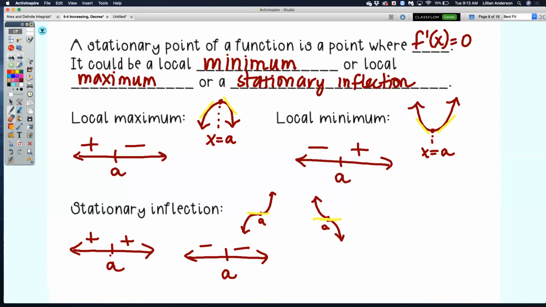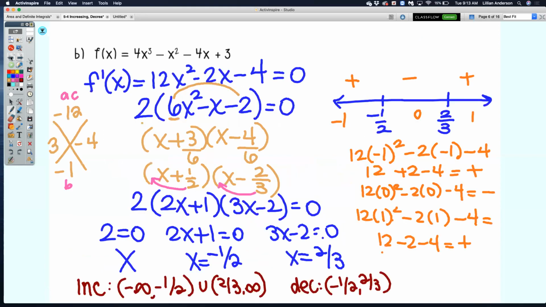Just make sure you understand this last example that we did. At negative 1/2, it went from a positive to a negative. So at negative 1/2, what's happening on the graph? There's a maximum. And at 2/3, I'm going from negative to positive, so I have a minimum at 2/3, okay?